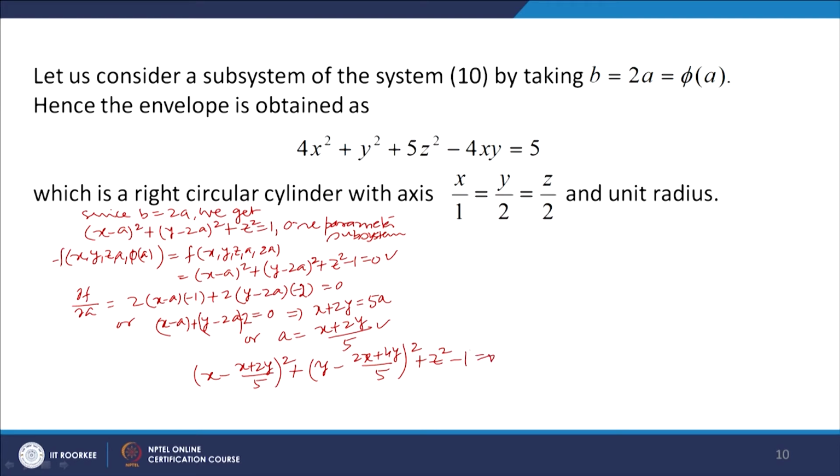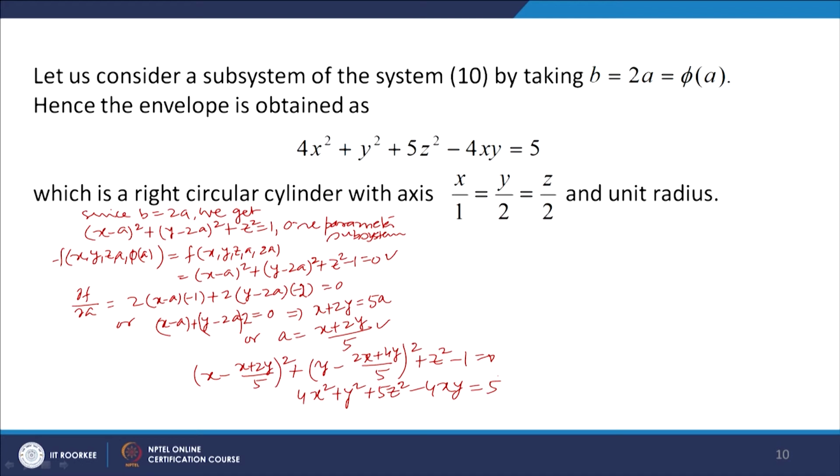When we simplify, we will get 4x square plus y square plus 5z square minus 4xy equal to 5. We know from three dimensional geometry that it represents a right circular cylinder whose axis is given by x over 1 equal to y over 2 equal to z over 2, and its radius is unity.